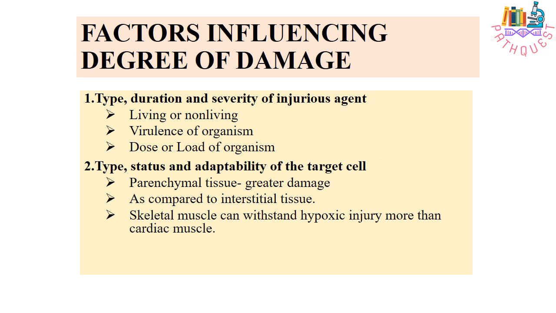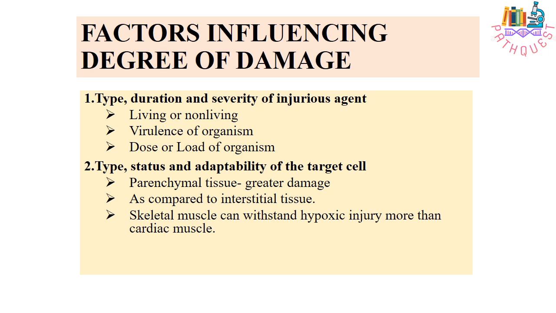The next factor which will determine the degree of damage is the factor related to the target cell. So the type, the status and adaptability of the target cell will determine the degree of damage. If we compare parenchymal cells and the interstitial tissue, parenchymal cells are more sensitive to any kind of damage as compared to interstitial tissue like fibroblast or collagen.